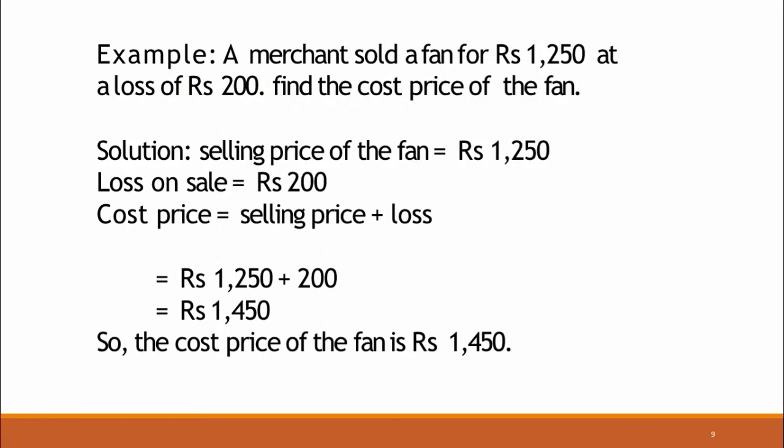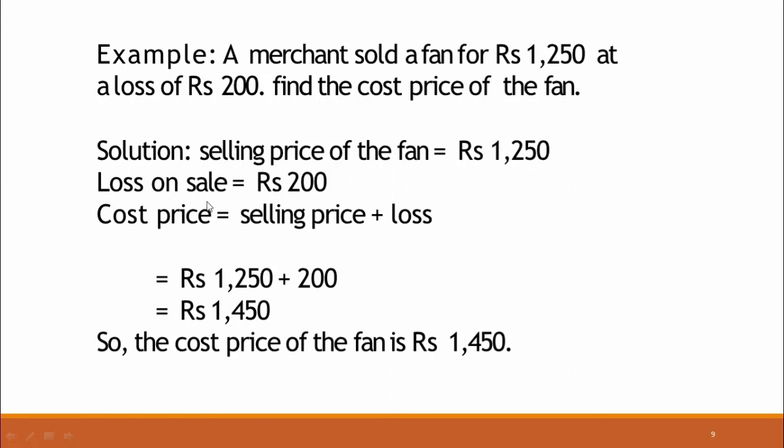A merchant sold a fan for Rs 1250 at a loss of 200 rupees. Find the cost price of the fan. In this problem, loss is given, and we have to find the cost price of the fan. So the solution: the selling price of the fan is 1250 rupees.